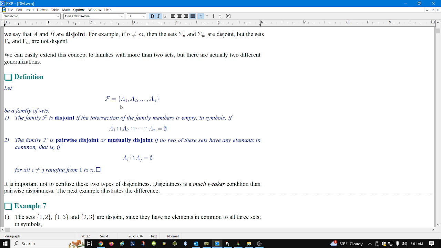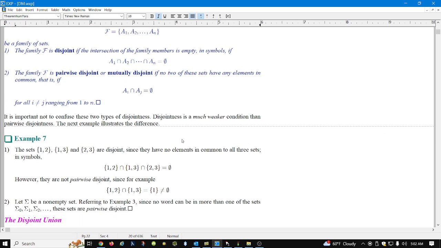We'd also say that the sets are disjoint if their intersection is empty. So that is the most direct generalization. But a family is pairwise disjoint or mutually disjoint if no two sets in the family have any elements in common. Every pair of sets is disjoint. So that would look like this, where i is different from j, and they range from 1 to n.